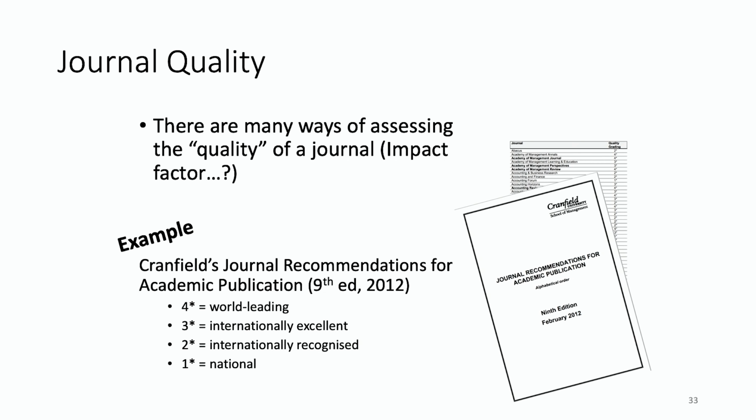The problem is that journals drift. If you have a journal that used to be 3-star and all of a sudden became 2-star, and your criterion is to include only 3-star or 4-star journals, that journal is no longer going to be within your criteria.